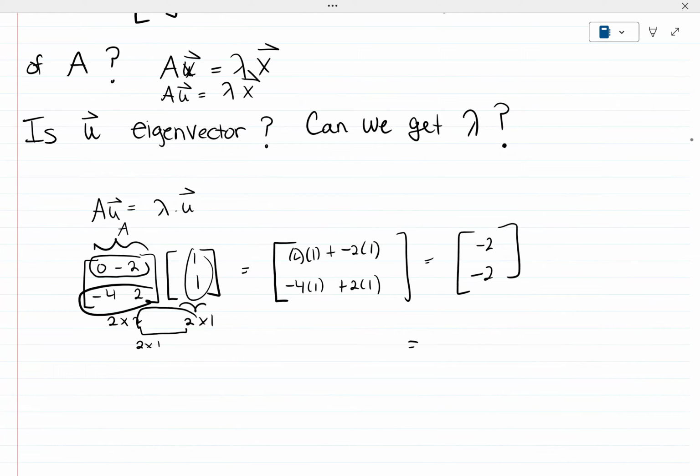If I factor out a negative 2, this is negative 2 times the vector 1, 1. Does this give you lambda times vector u? What this means is this negative 2 is your lambda, and this 2 by 1 matrix is vector u.